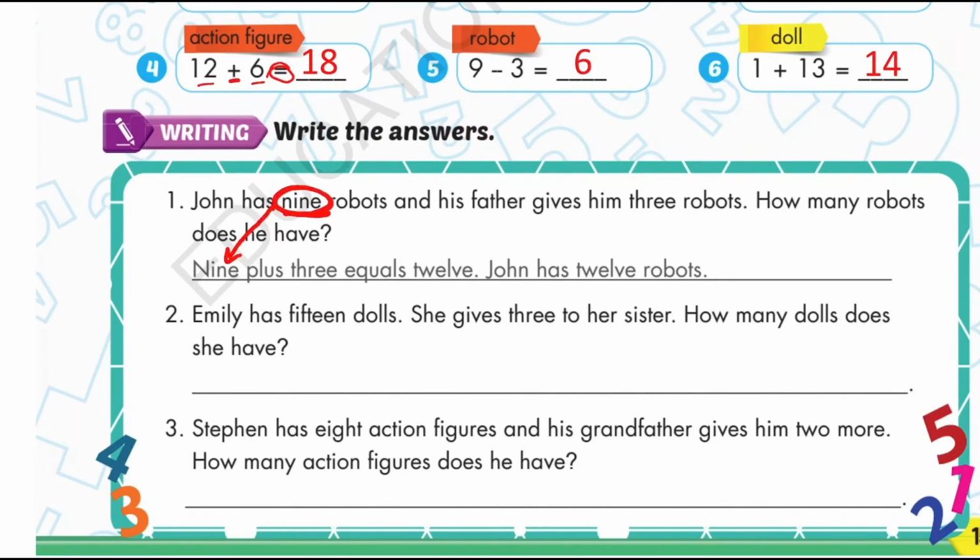His father gives him 3 robots. Give him 3. So, how many robots does he have? 9 plus 3 equals 12. John has 12 robots, like this.